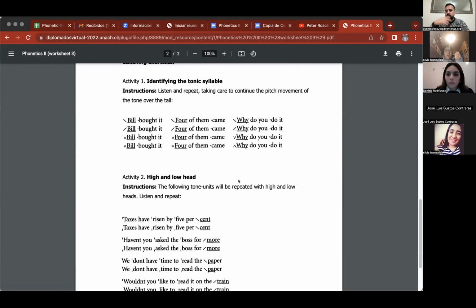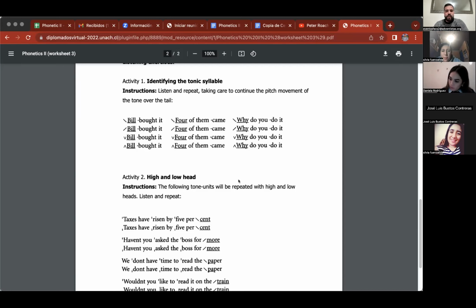Then once we listen to the audio, I'm going to ask you to repeat the different utterances in order to identify if the production that you provide is accurate or not, based on the different symbols and the transcription there that indicates the tonic syllable, the tone as well, and the stress.